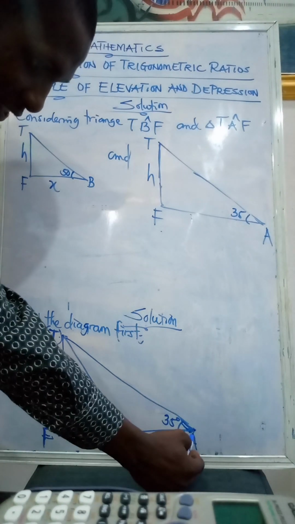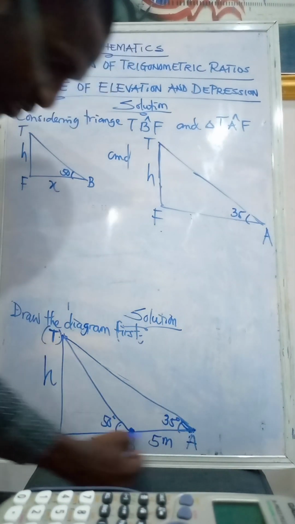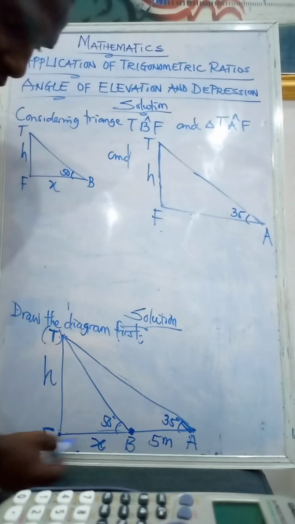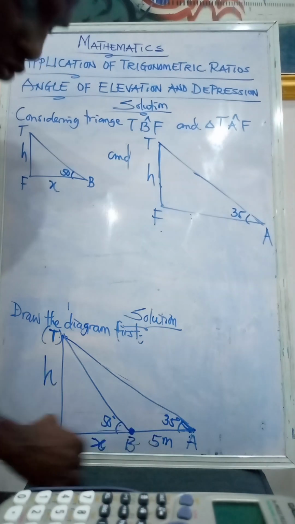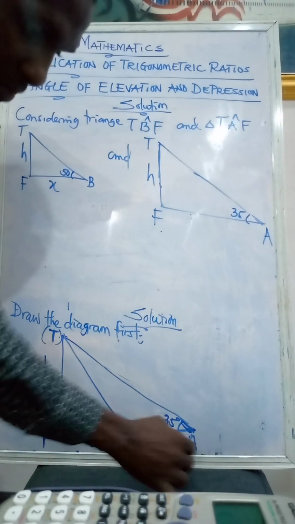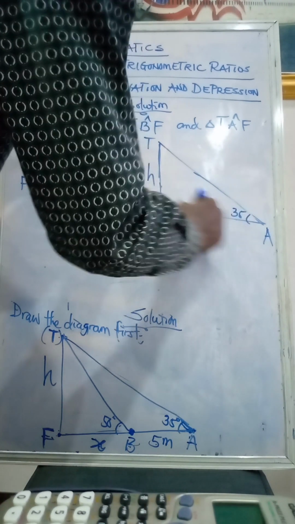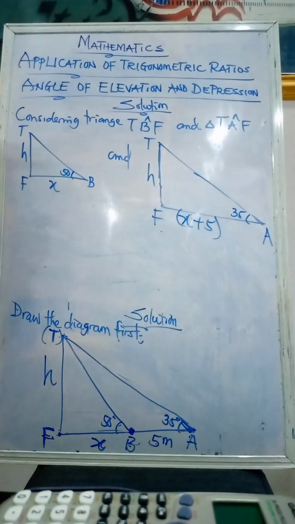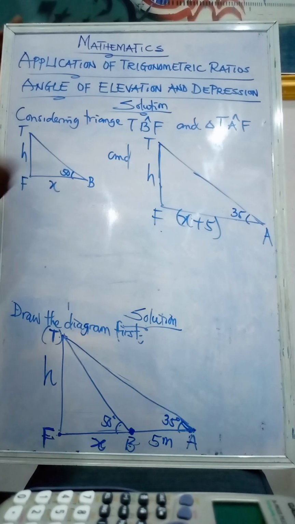But when you look from A to F, look at the diagram. From A to F, it means the addition of X and 5. So which means line FB plus line AB. So this place is X plus 5. Fine. After that, we now check which of the SOHCAHTOA will work here and which one will work here as well.